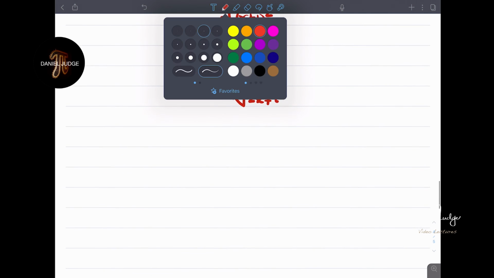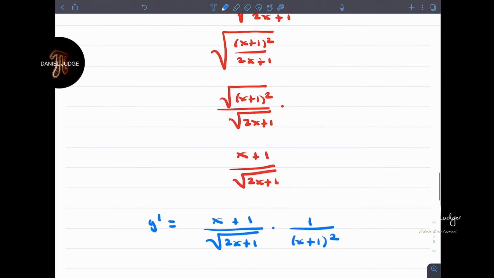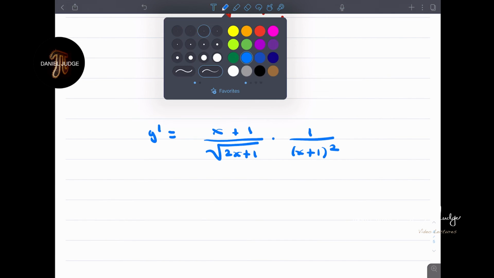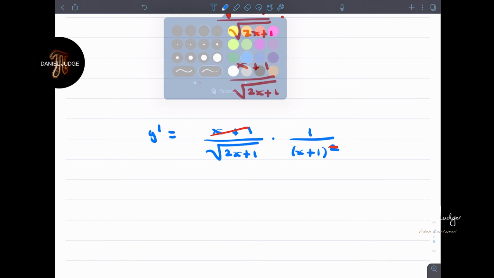So altogether, here's what you're going to get. Y prime is x plus 1 square root 2x plus 1 times 1 over x plus 1 squared here. Let's double check. Yes. And then you may notice a factor of x plus 1 goes away.